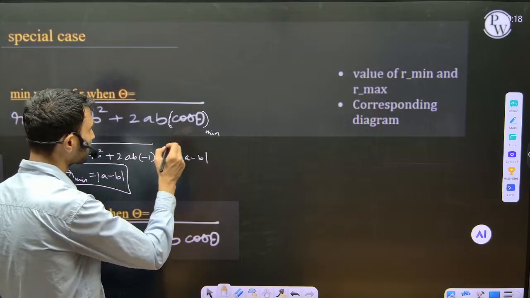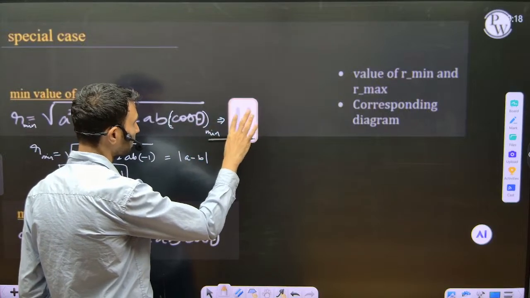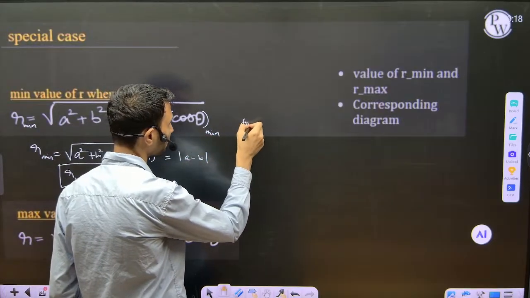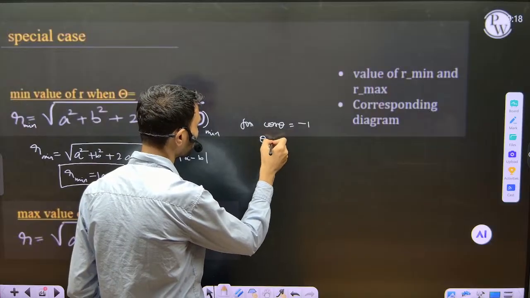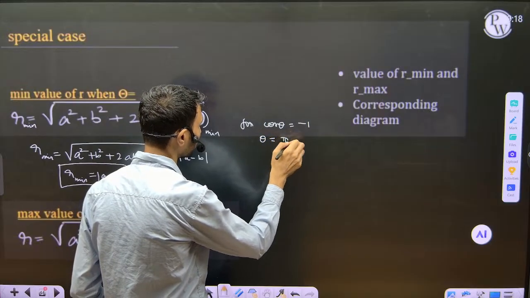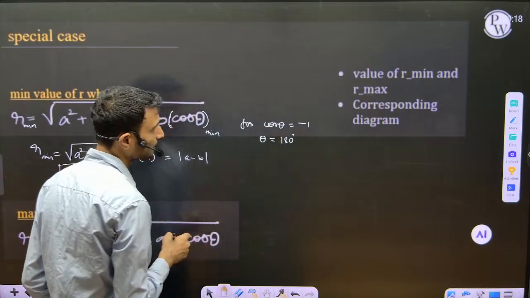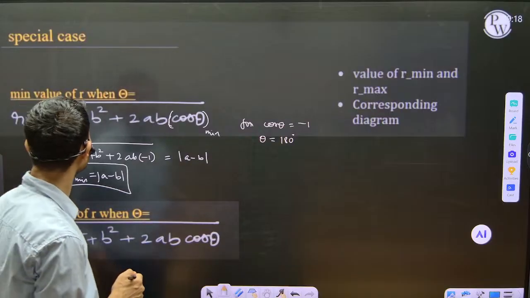And when does it happen? For cos theta to be minimum, for cos theta equal to -1, theta should be 180 degrees. That's for minimum.